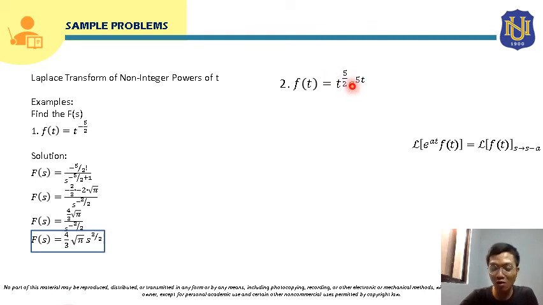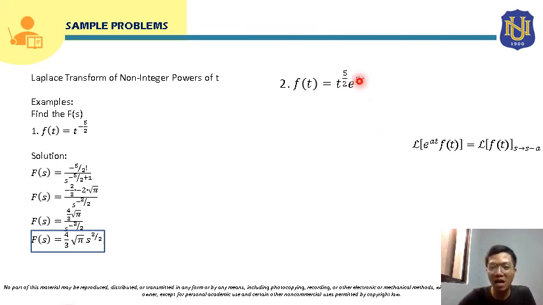Of course, we cannot use that here, since this is 5 halves. There's no 5 halves times that you're going to differentiate. There's no such thing as that.